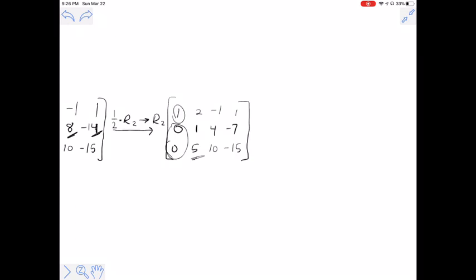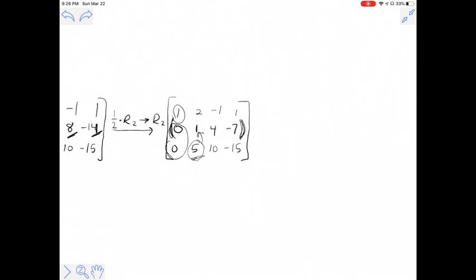So the best way to get a number to be a 0 is to add its opposite. So if I wanted to add negative 5 to it, that would make it a 0. So what I'm going to do is use that 1 that I just created. If I multiply row 2 by negative 5, that's going to make a negative 5 right here. And then if I add that negative 5 to that 5, that's going to make 0.